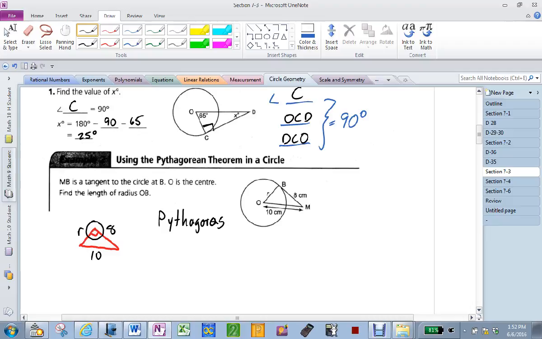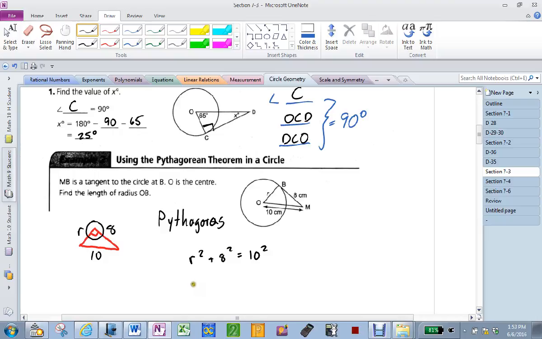Again, this can't be C. But doing Pythagoras properly, leg, hypotenuse. Is that a leg or hypotenuse? It's a leg. So it must be r squared plus 8 squared equals 10 squared, yes? And then we do our algebra. Many of you are still screwing this up, even though we did a unit on exponents.